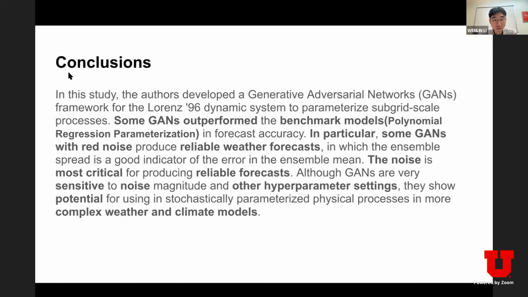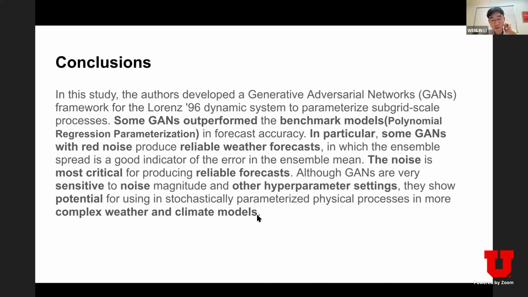Lastly is the conclusions. Conclusions said some GANs outperform the benchmark models. So some GANs did better than the benchmark models. Some GANs with the red noise produce reliable weather forecasts, which shows the noise is very important, and how to add the noise is very important for predicting reliable forecasts.